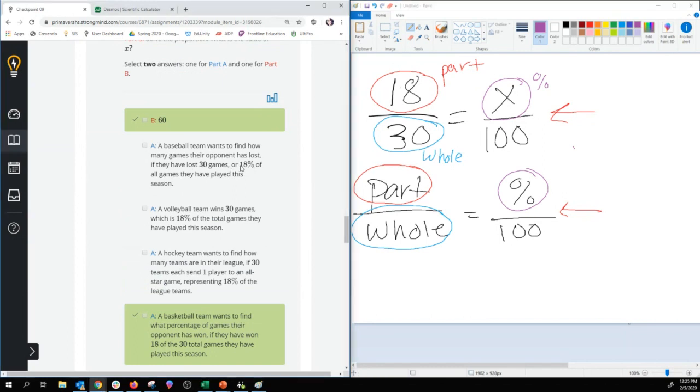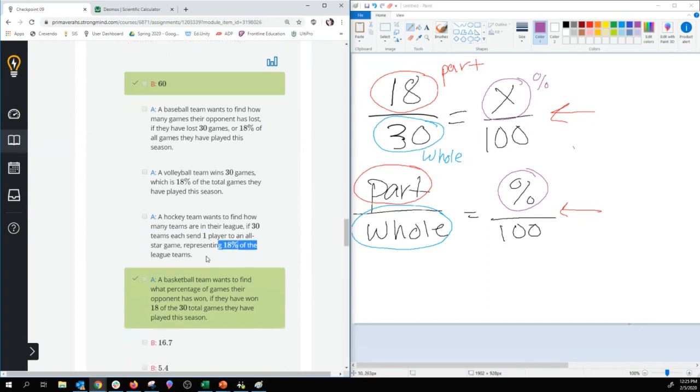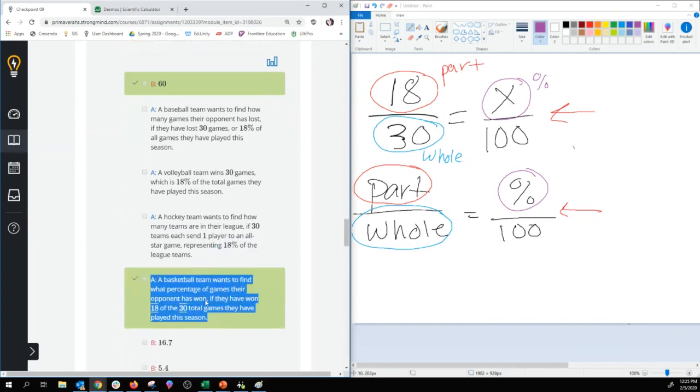All of these first three say 18%, so none of those answer choices could be correct because I don't know what my percentage is. So it should be this bottom one where it says a basketball team wants to find out what percentage of their games their opponents have won.